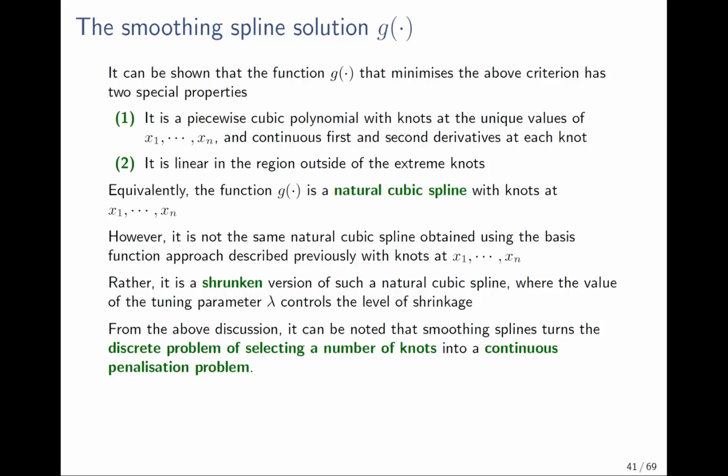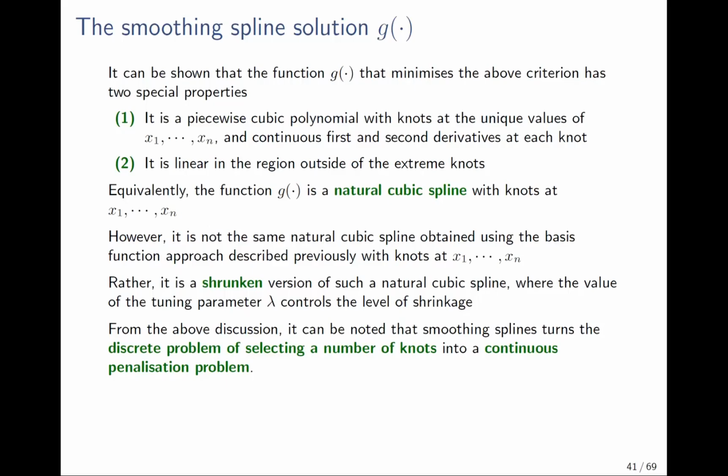First, it's a piecewise cubic polynomial with knots at the unique values of x, and it has continuous first and second derivatives at each knot, and it's linear in the region outside of the extreme knots. Notice that, outside of the extreme knots. So equivalently, we could say that g is a natural cubic spline, linear at the outer intervals, but a cubic polynomial piecewise, with knots at each value of x.